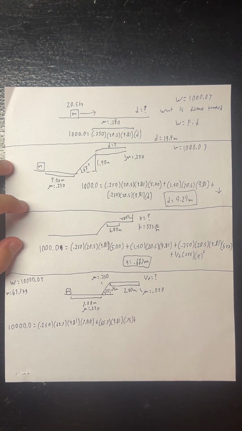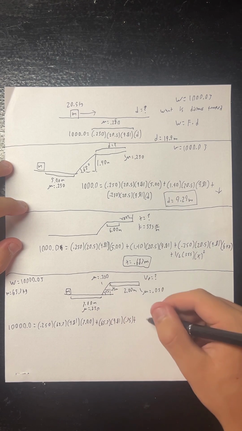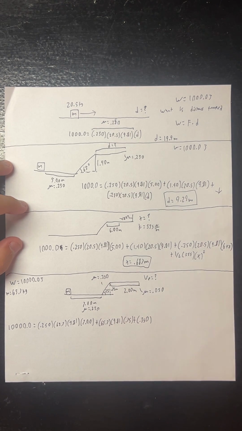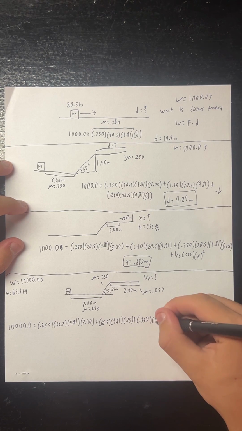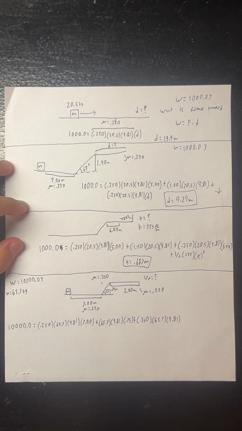Then we can add the friction that it experiences going up this ramp. So that's 0.330 times 65.7, 9.81, right?